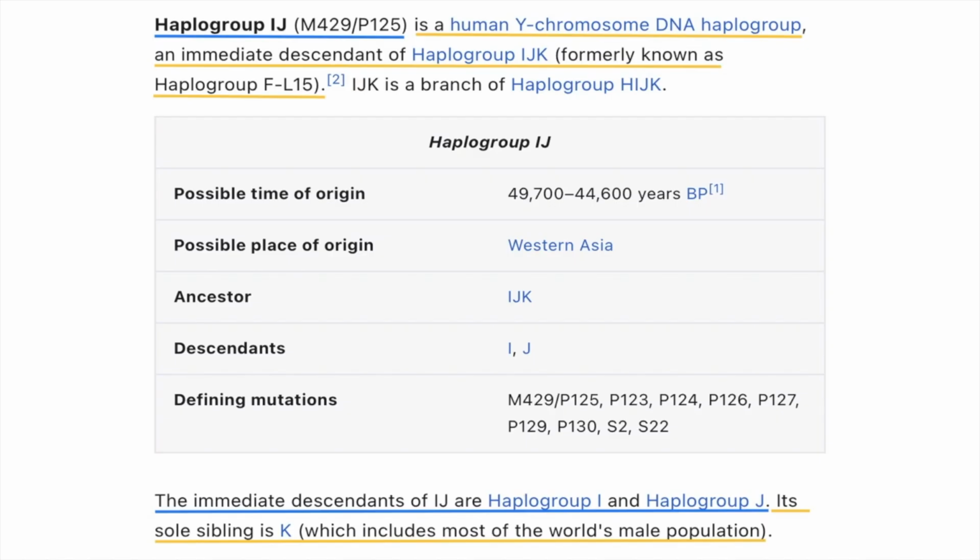So, haplogroup IJ is a human Y chromosome DNA haplogroup, an intermediate descendant of haplogroup IJK, formerly known as haplogroup F-L15. The intermediate descendants of IJ are haplogroup I and haplogroup J. Its sole sibling is K, which includes most of the world's male population.